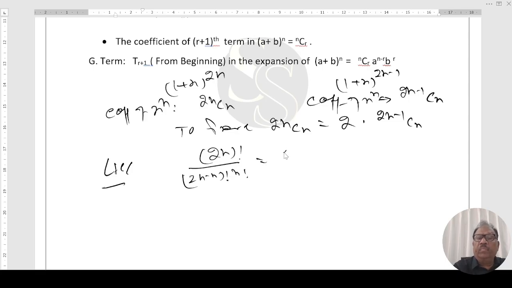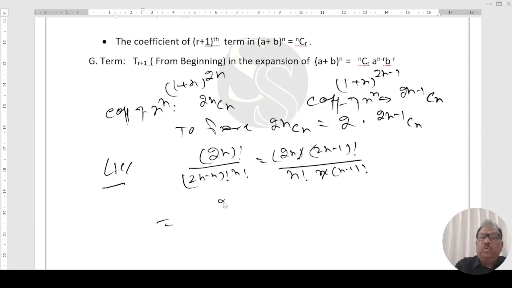This can be written as 2n into 2n minus 1 upon 2n minus n factorial into n minus 1 factorial. We can write this, this n goes, remaining is twice into 2n minus 1 factorial upon n minus 1 factorial into n factorial.